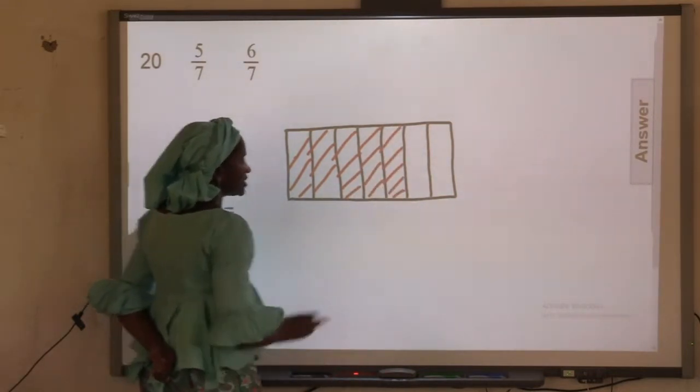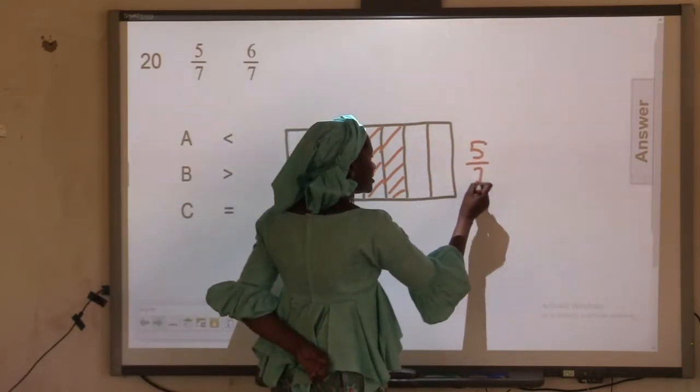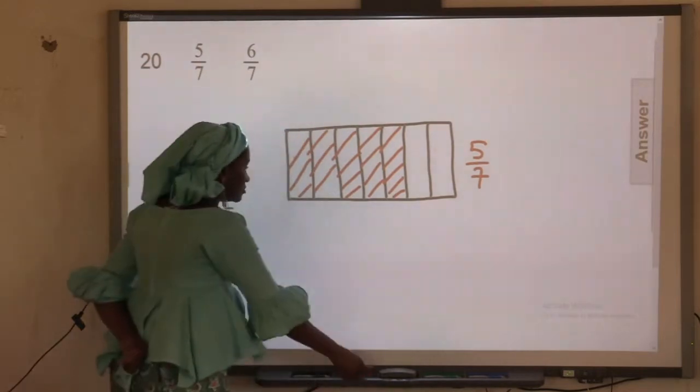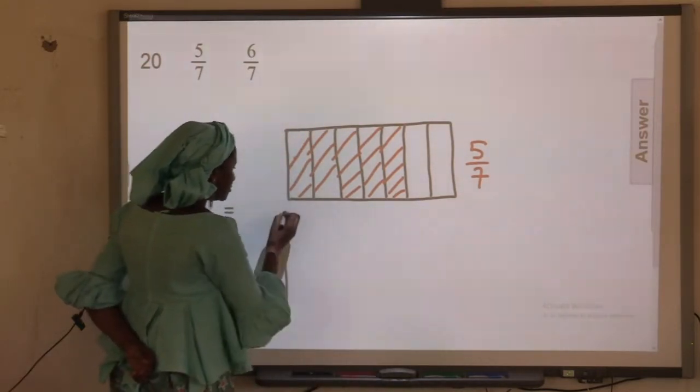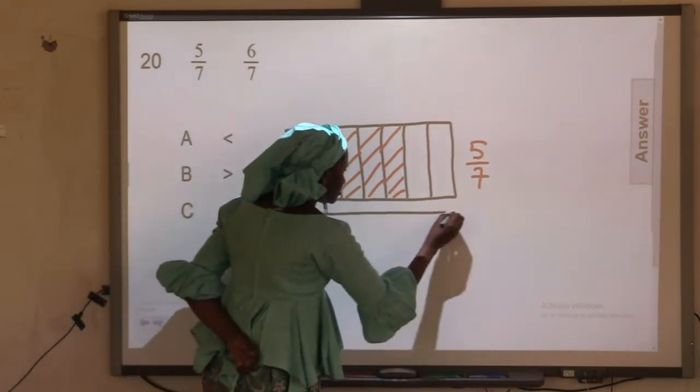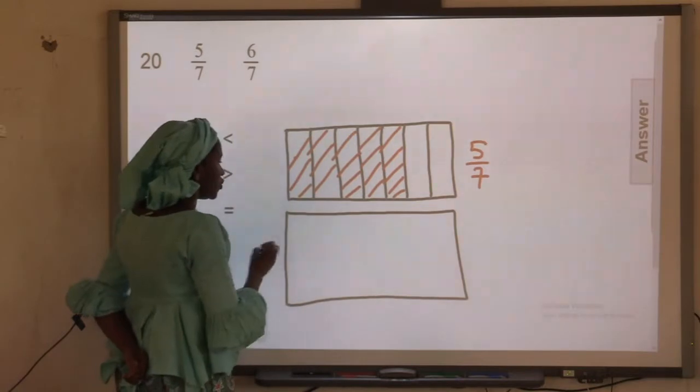This chart represents 5/7. And the same chart with the same dimension, this is a whole.